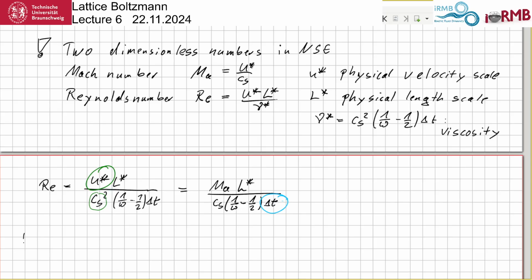This is one of the mistakes that you can do in this analysis, that you forget that the Reynolds number must be independent of grid spacing.